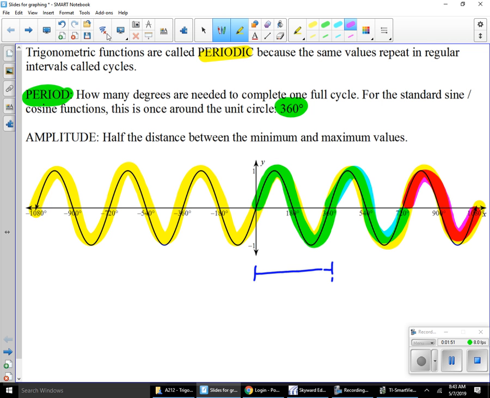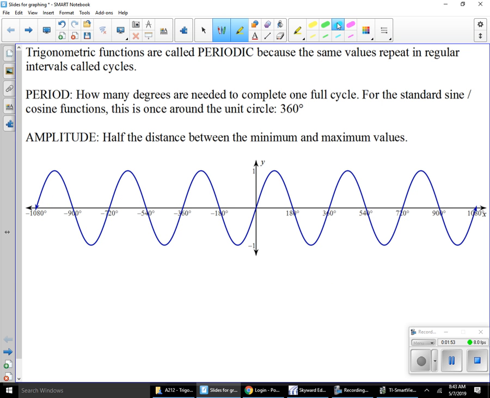The last chunk of vocab is amplitude. Amplitude is a word that you may remember from ICP or physics if you took that. Amplitude is half the distance between the min and the max values. So in our parent functions, that max value will be a 1, that min value will be a -1. You can see those points as the high and the low.